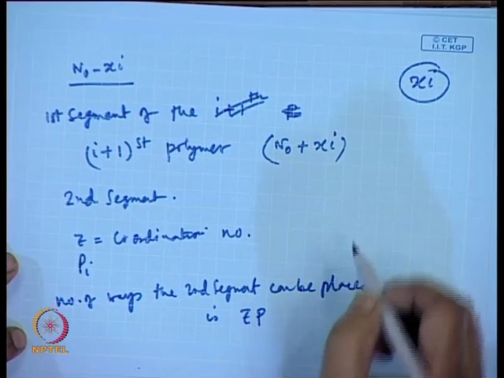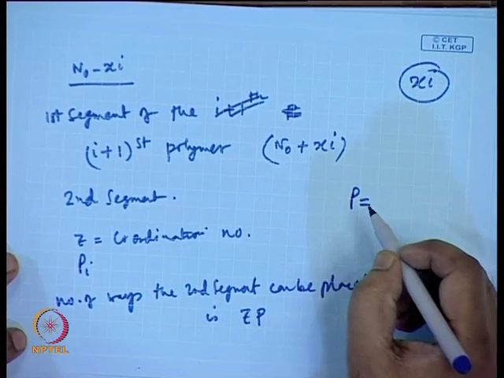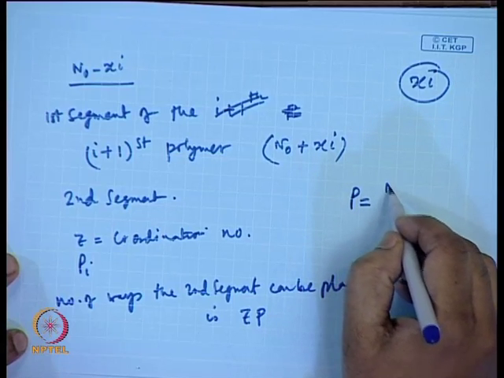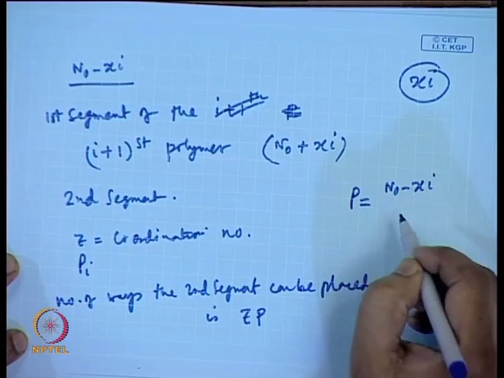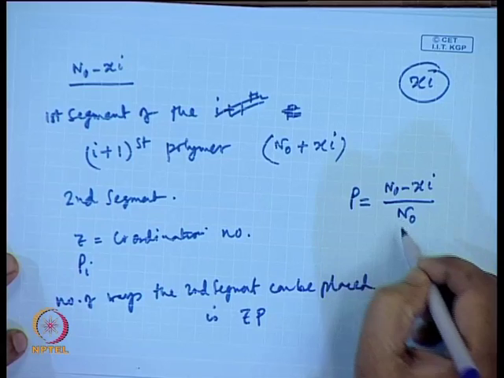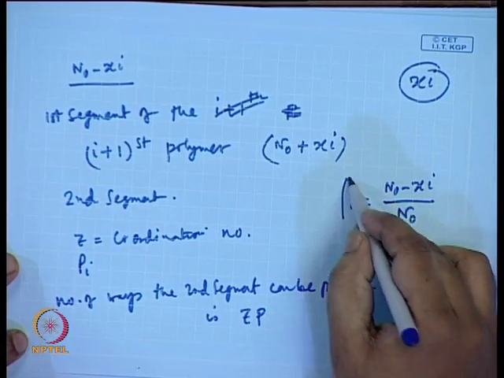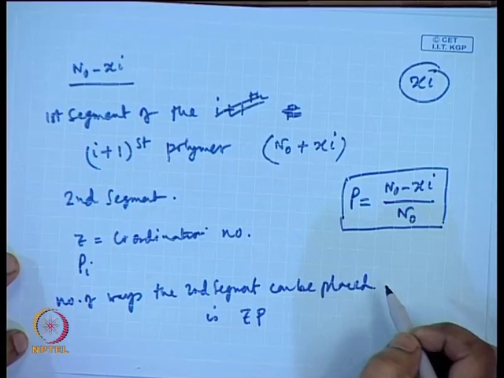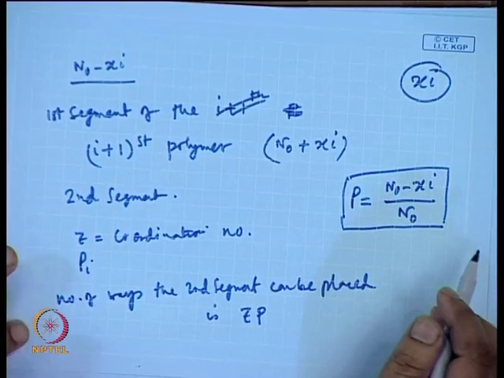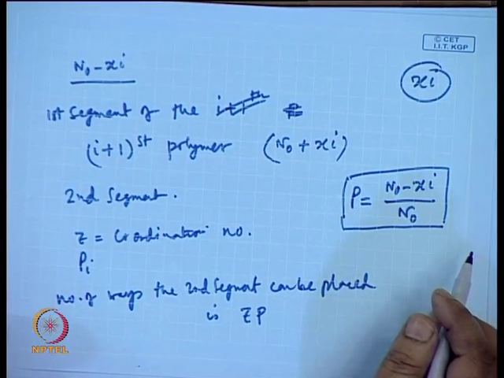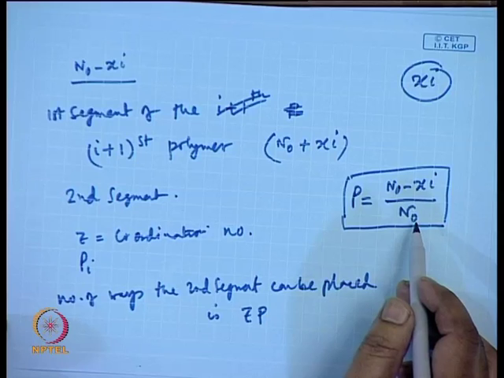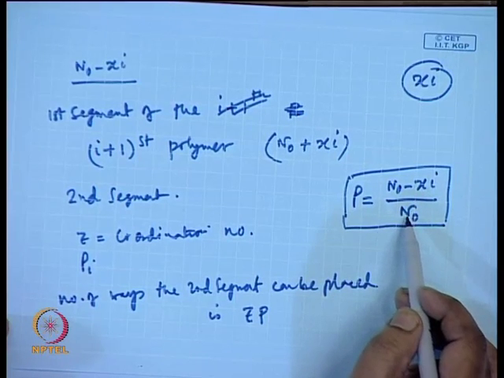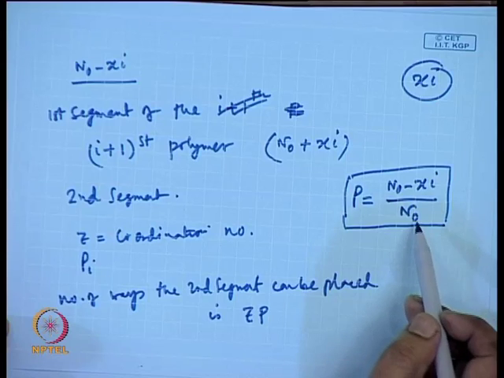Now, what is that probability? The total number of empty cells is n 0 minus x I, divided by the total number of cells. Okay. So, this is the chance that if you pick any cell from this lattice, it will be vacant, because this is the number of cells which are vacant and this is the total number of cells present in the lattice.